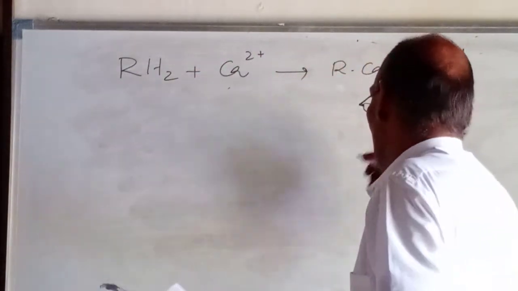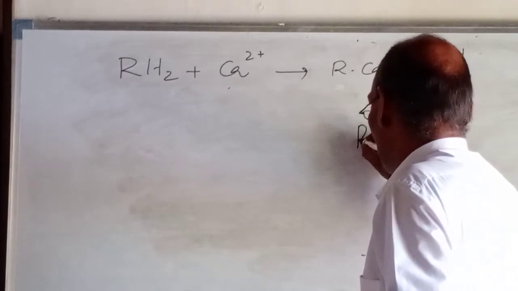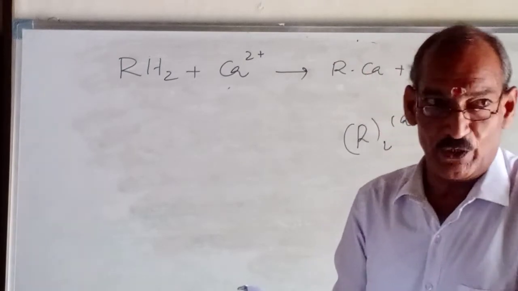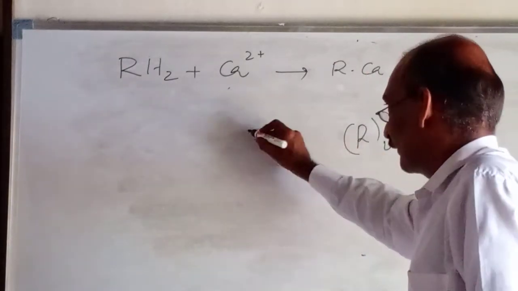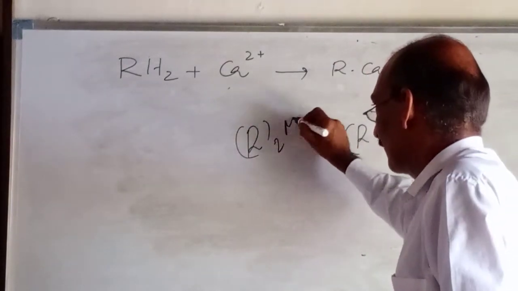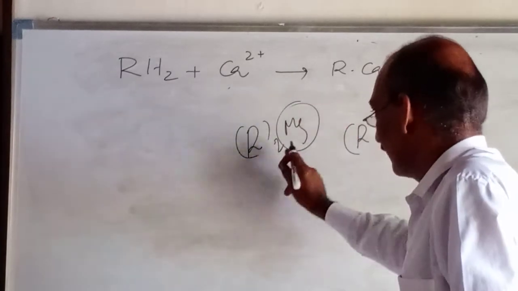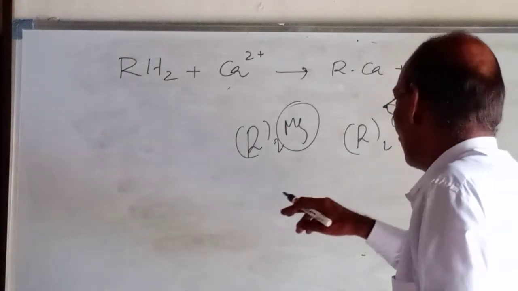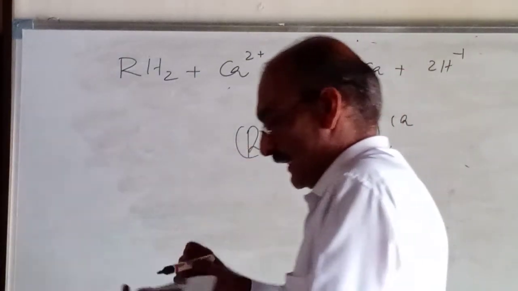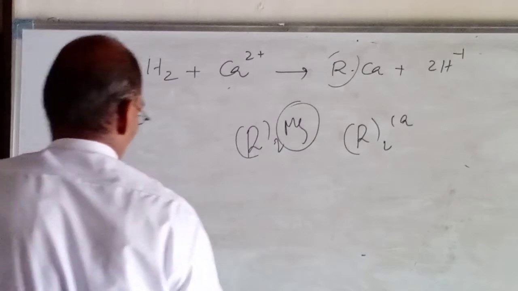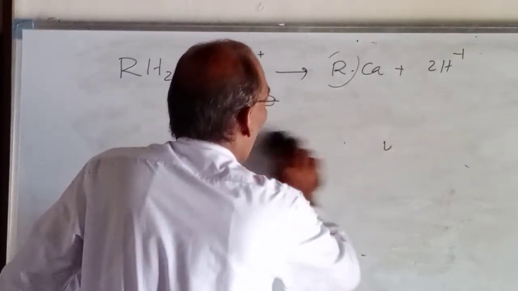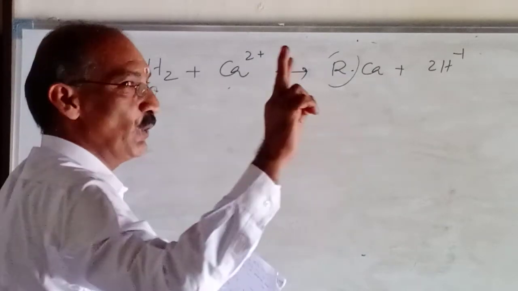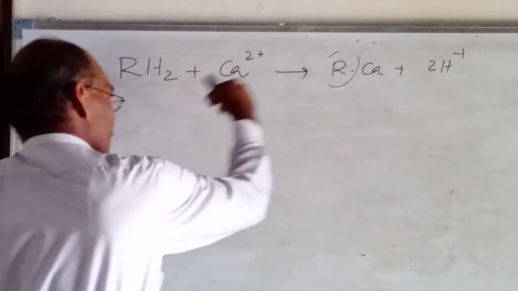Because it is divalent, for example dialkyl calcium, an organometallic compound, or dialkyl magnesium, because magnesium has 2 valency, therefore 2 alkyl groups, which are monovalent. To avoid such confusion, this R stands for resin, a general representation. Then we can write RCa and 2H plus ions, because this resin contains 2H plus ions that are removed out.